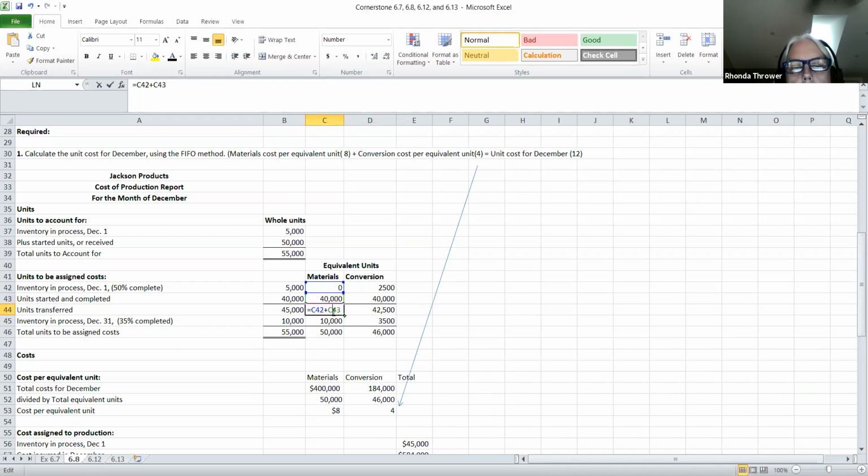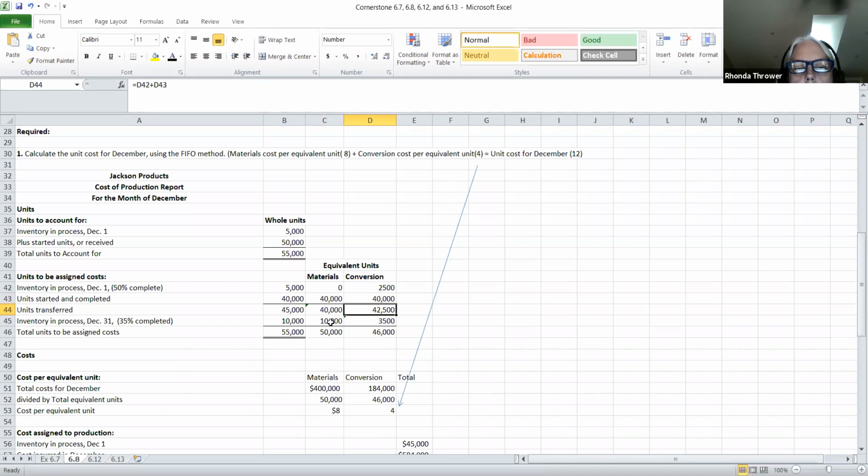Your units transferred then is 40,000 units. That is your beginning inventory units for your materials plus your started and completed materials is 40,000. These two together are 40,000. These two together are 42,500. That's your transferred amounts for conversion cost.